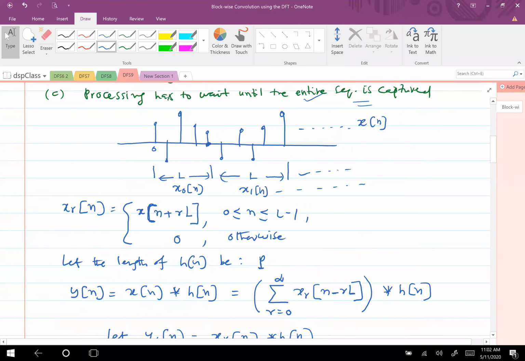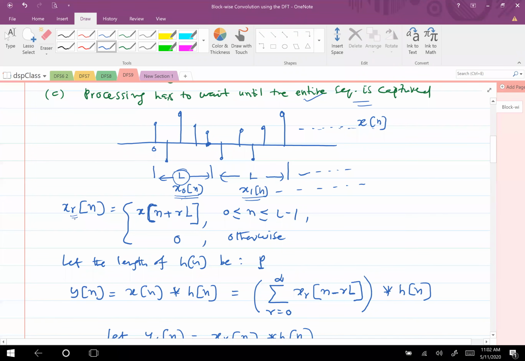How do you do that? Let the whole signal go on indefinitely, but you are going to split it into sub-signals, each of length L. So X subscript R tells you which part it is: the 0th part, the first, second, third, fourth, and so on.